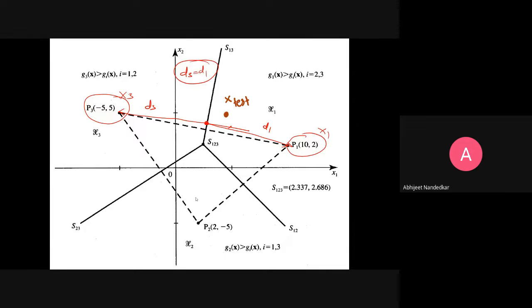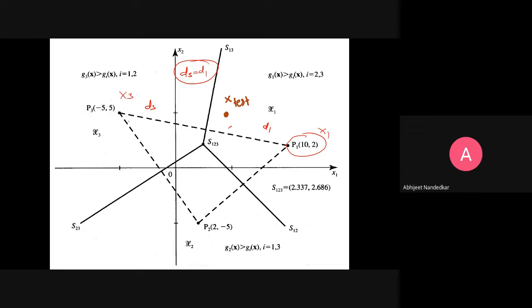So you cannot decide whether the sample belongs to class 3 or class 1. Throughout this line you cannot really decide to which class it belongs.